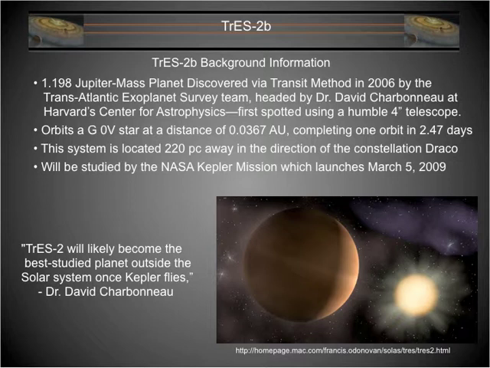Trace 2b, for example, orbits at 0.0367 AU, so it is very close to its star, closer than Mercury would be to the Sun. It only takes less than 3 days for it to complete one orbit.